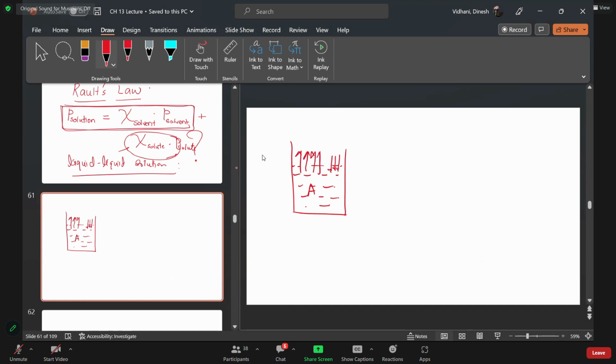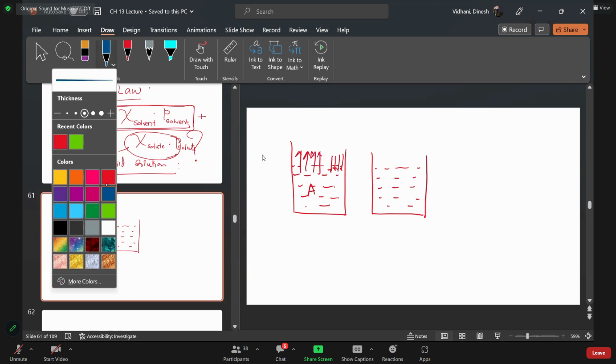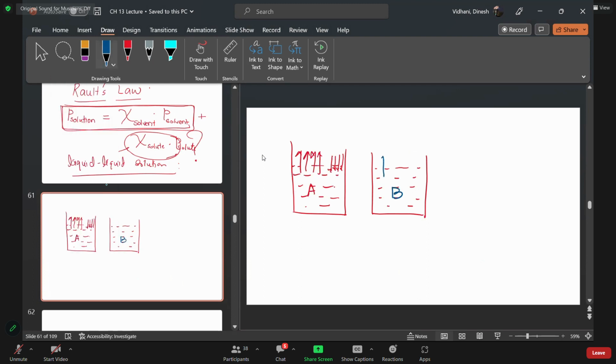I'll say 4 of them are going in, 4 of them are coming in. And you have another solvent or probably solute, which is B. In this case, 2 of them are going in, 2 of them are coming out. So this is A and B.